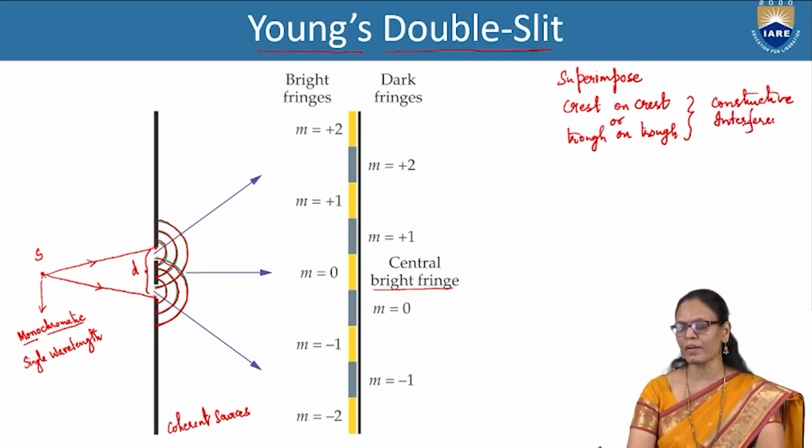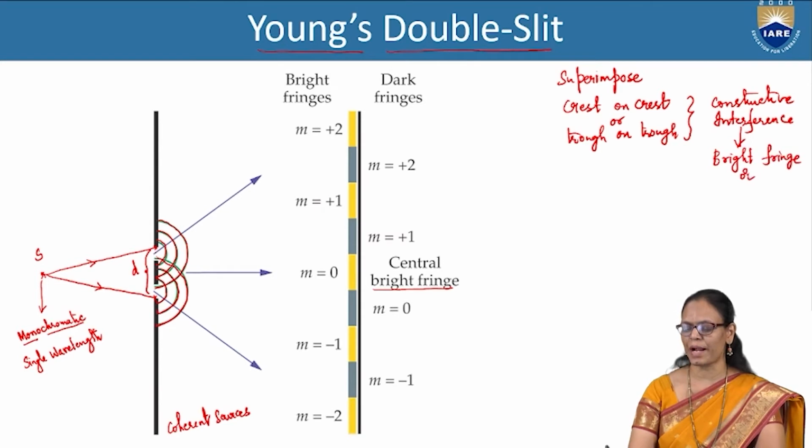And whenever we have constructive interference, the point gives rise to a bright fringe. That is what we call a bright fringe or bright band.